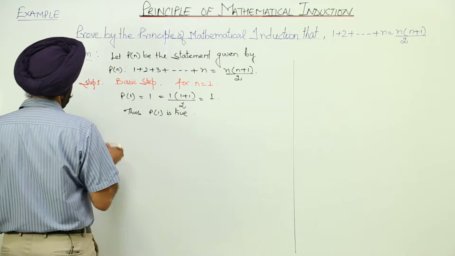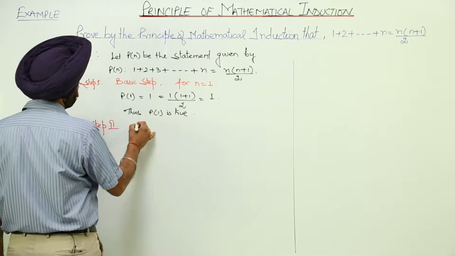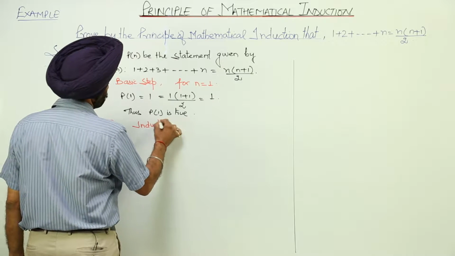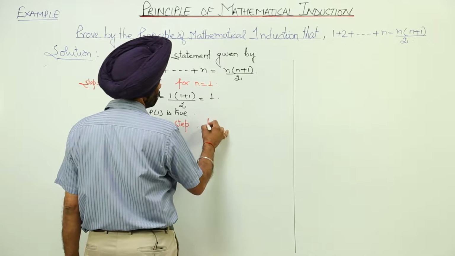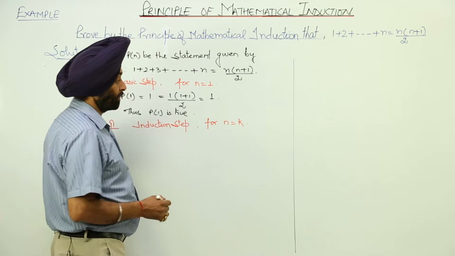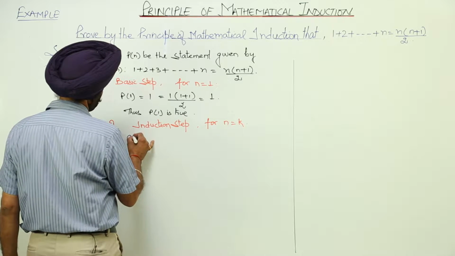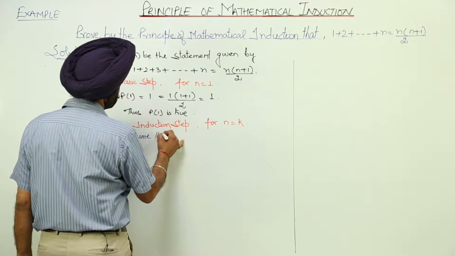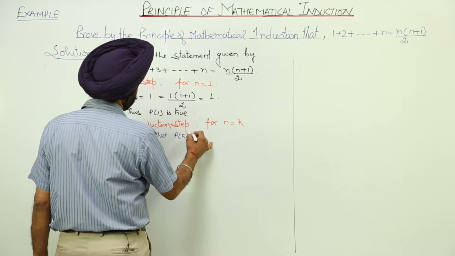Step 2. Induction step. For n is equal to k, now assume that Pk is true.